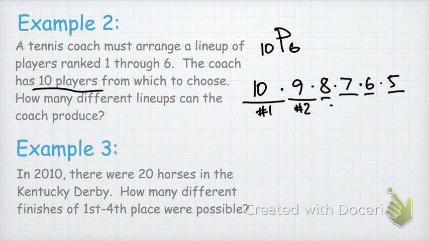And then you could take all these and multiply them together and get your answer that way. And the cool thing about math and these probability calculations is they both would work and give you the same answer. So I'm doing the 10 times 9 times 8 times 7 times 6 times 5 calculation, and it gives me 151,200.